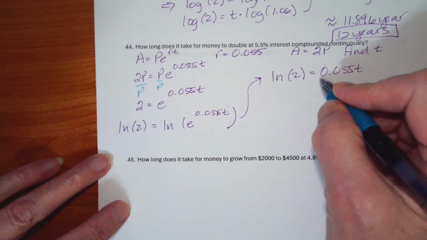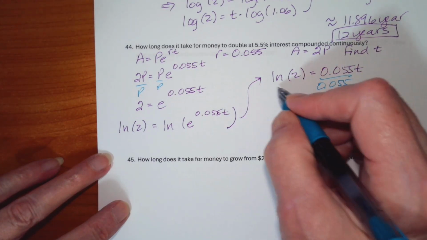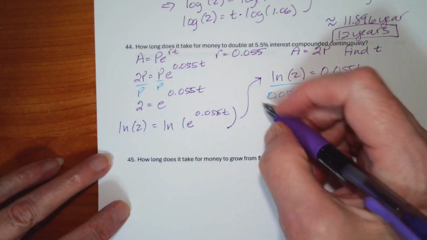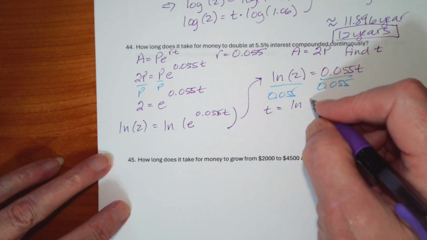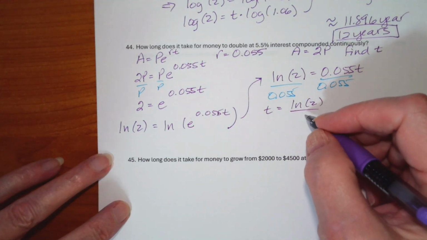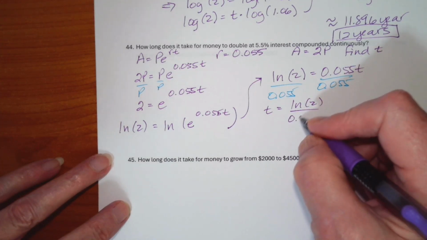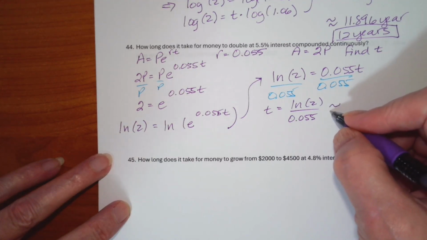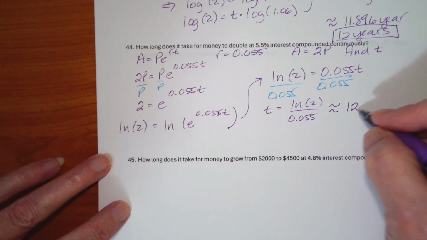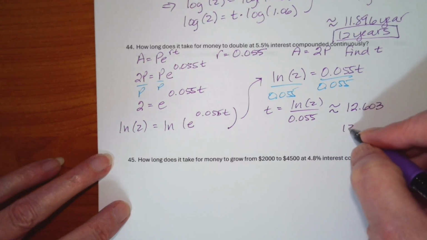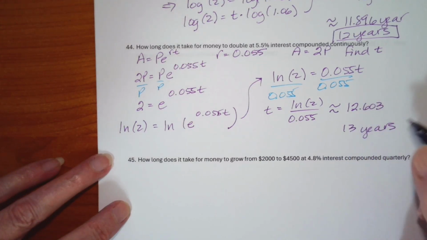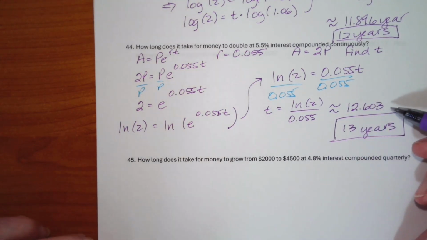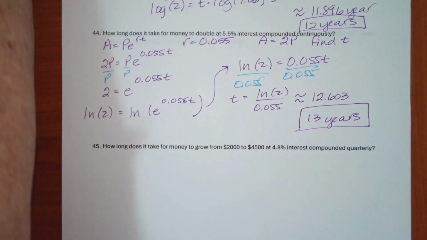Now I'll divide, and that tells me that T is equal to the natural log of 2 divided by 0.055, which is approximately 12.603. We're going to call it 13 years, because it doesn't quite make it in that 12th year. It has to go a little bit further.